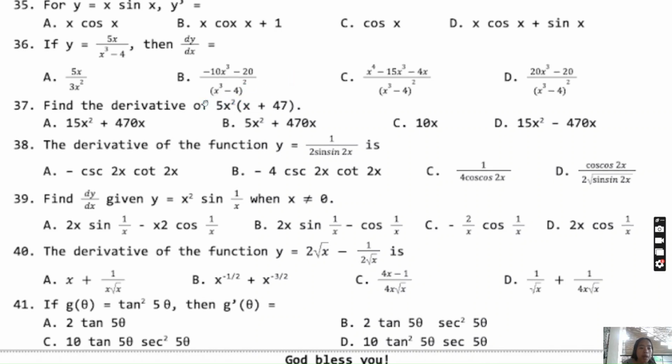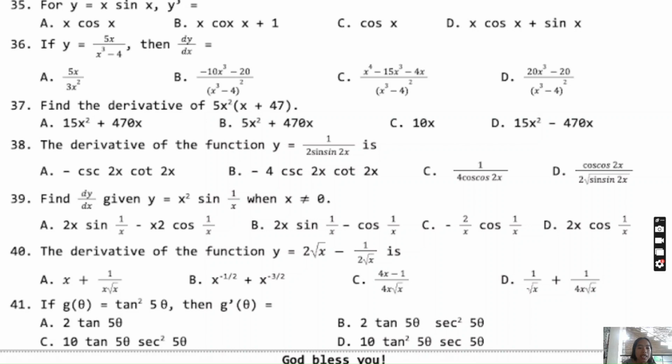In this problem, we can use the formula in derivatives, which is v du minus u dv over v squared. So when we use that formula, we will arrive at this answer, which is letter B.